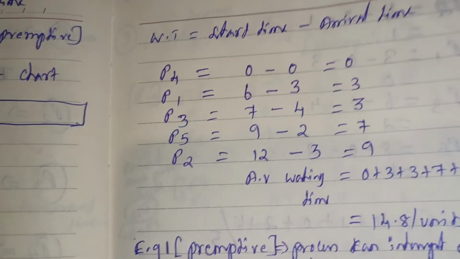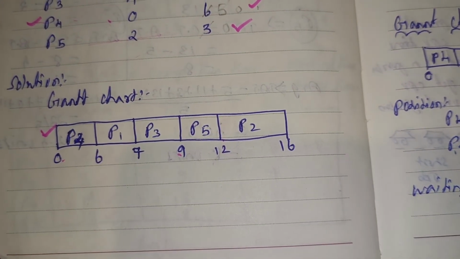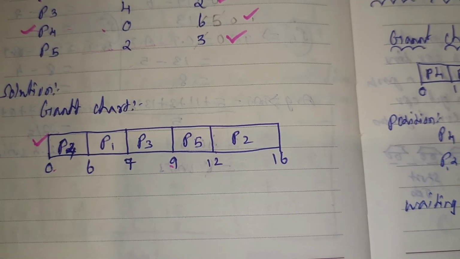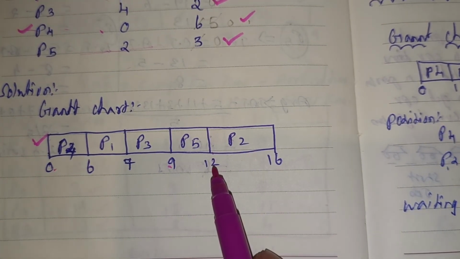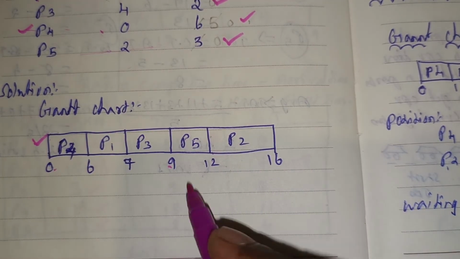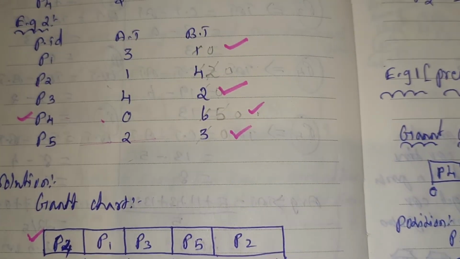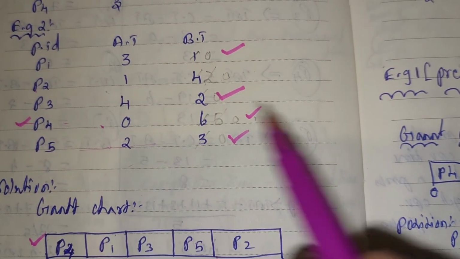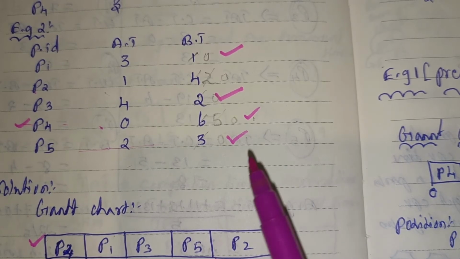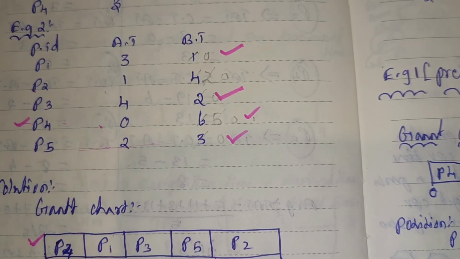So let's see. I am going to take P2 because it is waiting for the longest period of time, right? So I am going to prove how this formula works. The starting time of P2 for execution is 12 minus the arrival time for P2. The arrival time here, you can check, is 1.